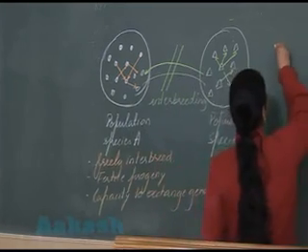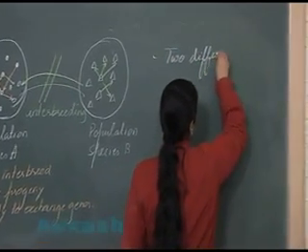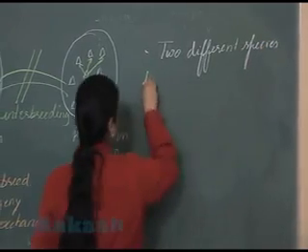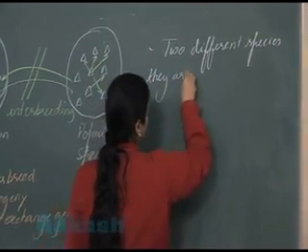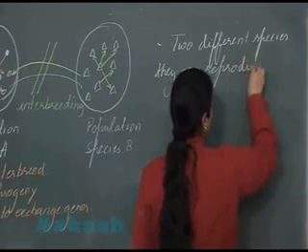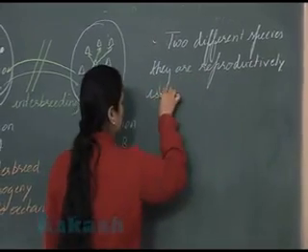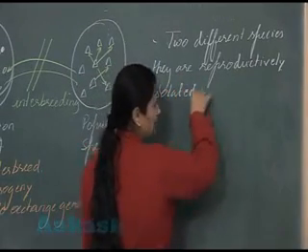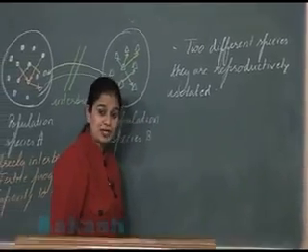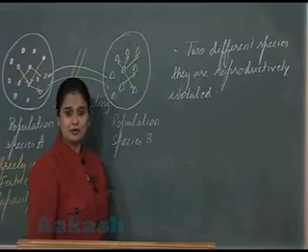So according to this concept, two different species are reproductively isolated, or you can say they will show reproductive isolation. So this is very much clear to all of you.